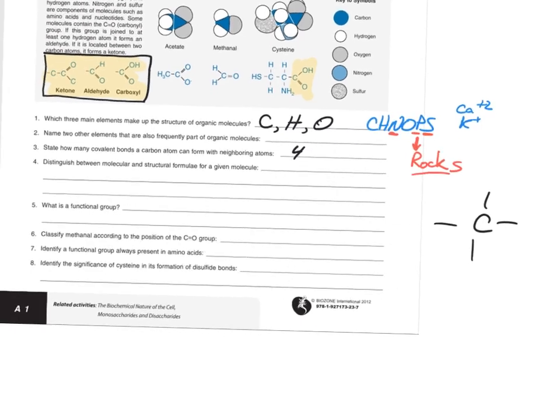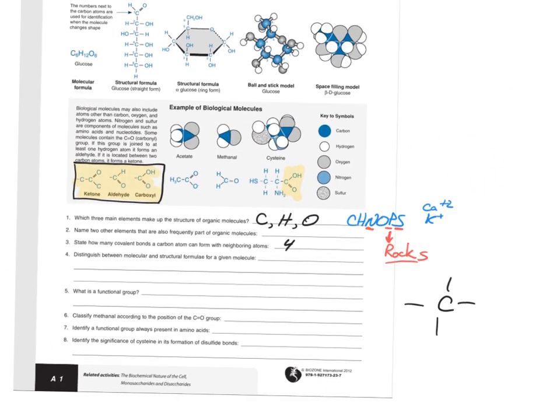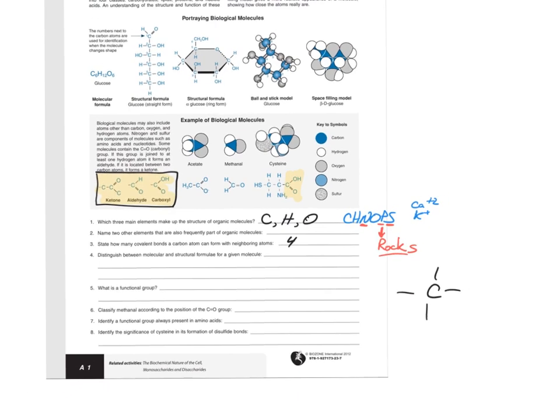Distinguish between molecular and structural formulas of a given molecule. Take a look at a structure, and there you're expected to look. Here's a structural formula, here's a molecular formula. What's the difference? Look at it. You see the structure. You see what's connected to what.